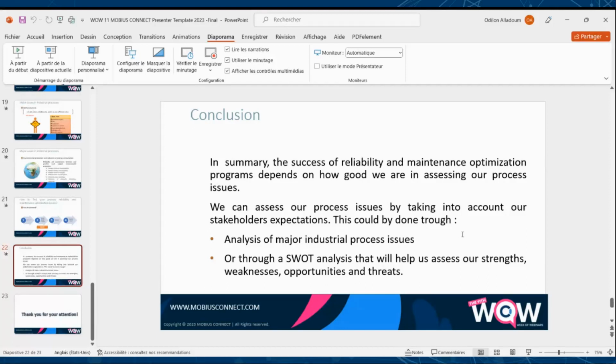This could be done through analysis of major industrial process issues or through SWOT analysis, which will help us assess our strengths, weaknesses, opportunities, and threats. So I have finished. Thank you for your attention.